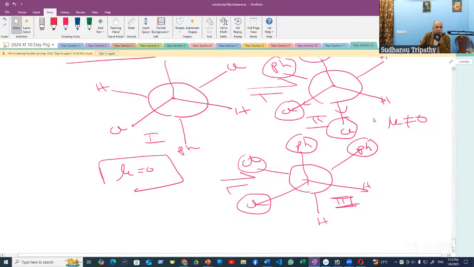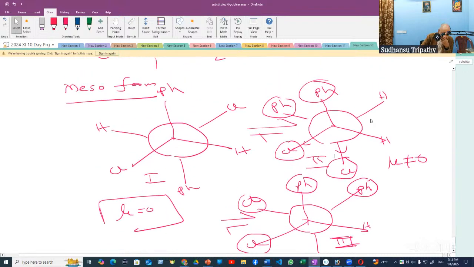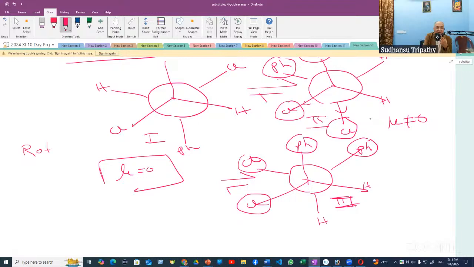First of all, tell me which is thermodynamically more stable and will be more abundant. Rotamer 1, rotamer 2, answer in the language of rotamers 1, 2, 3. Yes, Miss Tripathi?